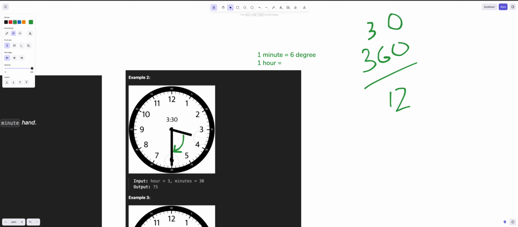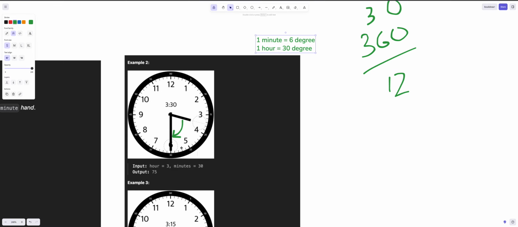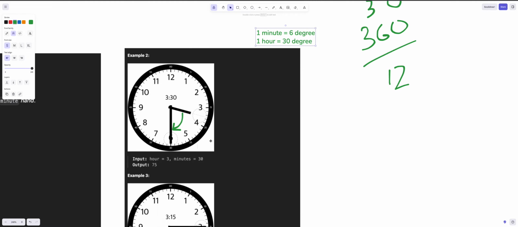Wait, let me think about it. Is it correct or not? Yep, correct. It's 30 degrees. And what we still need to consider is, if we know the minutes degree, we know where the minute hand is located. How about the hour degree? We need to think about what if the time is 3 hours and 20 minutes.